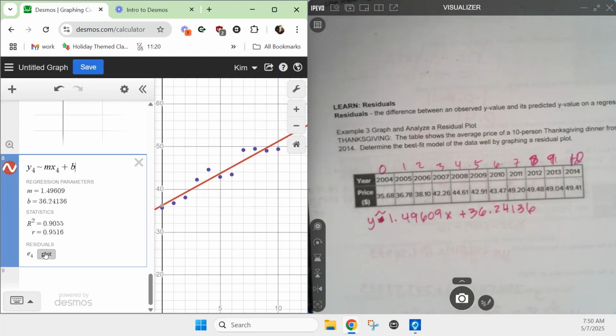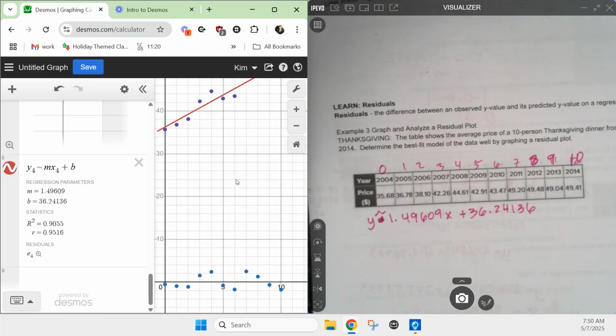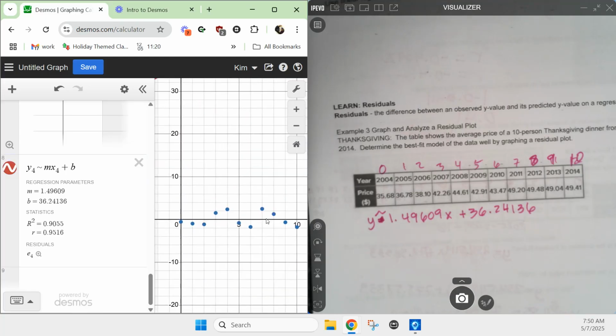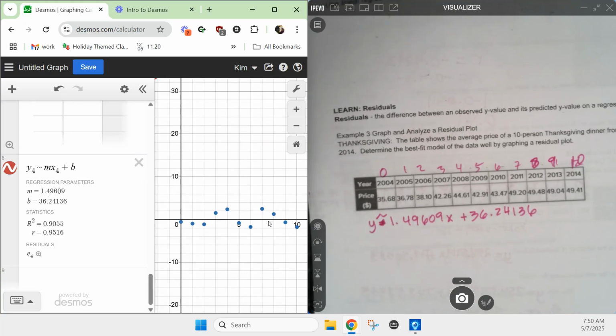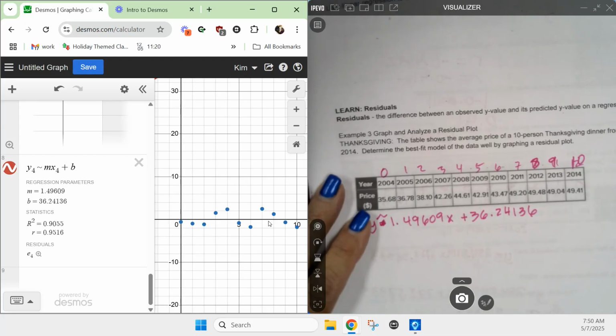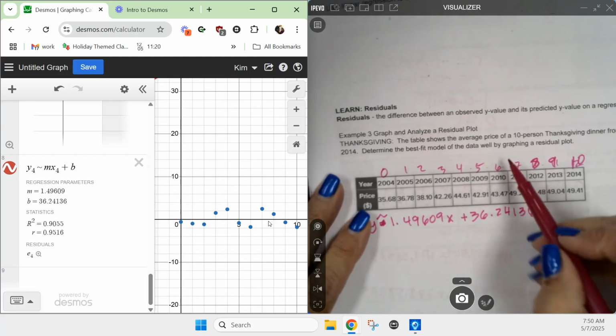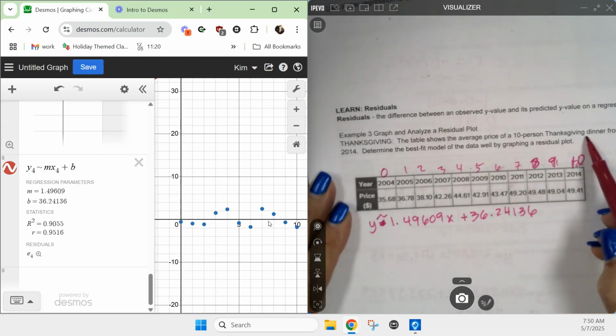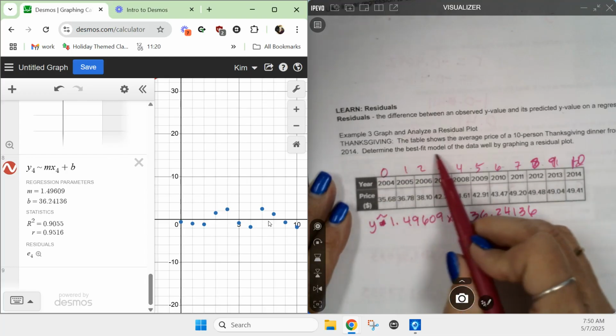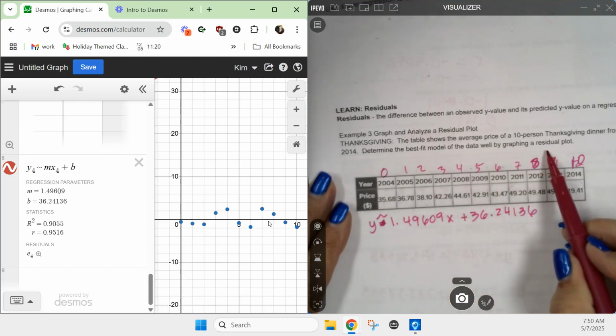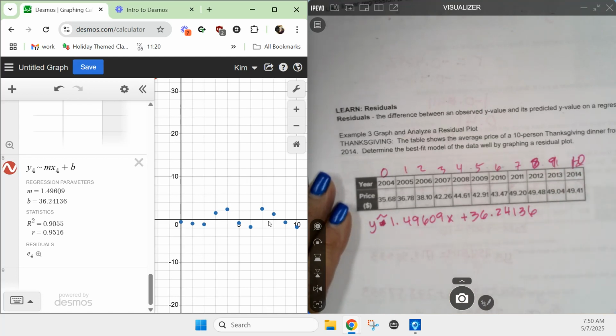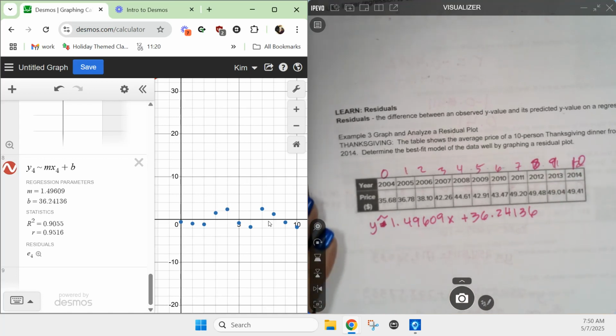Then this is my residual plot, and that's down there. This says the table shows the average price of a 10-person Thanksgiving dinner from 2004 to 2014. Determine the best fit model of the data by graphing the residual plot. Okay, so this is the residual plot.